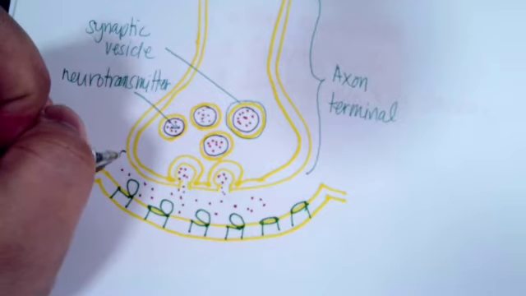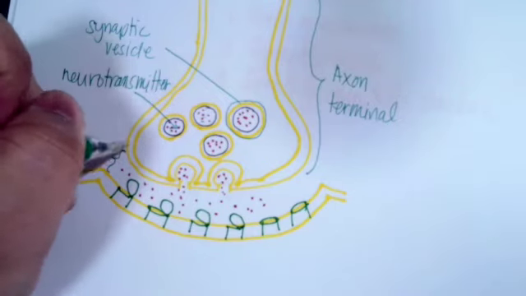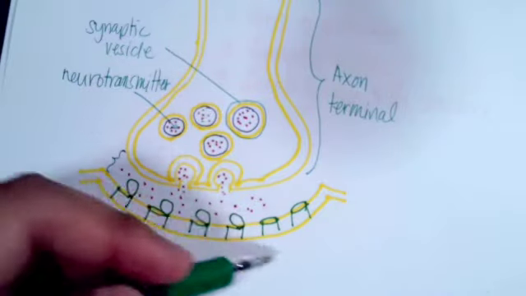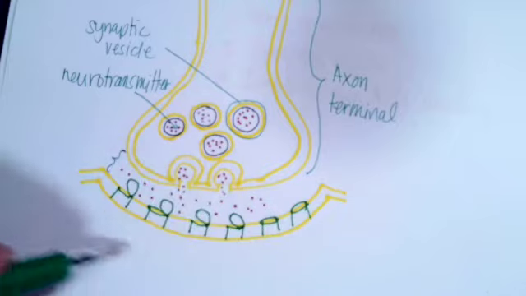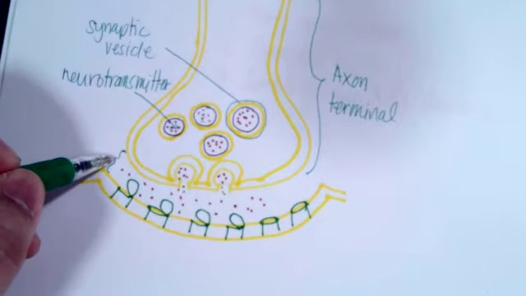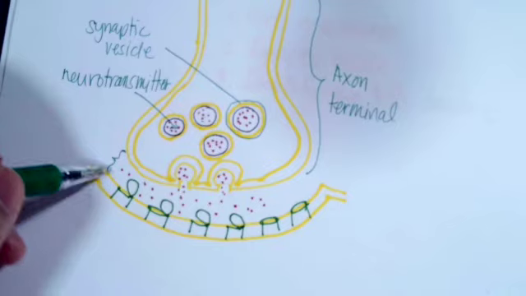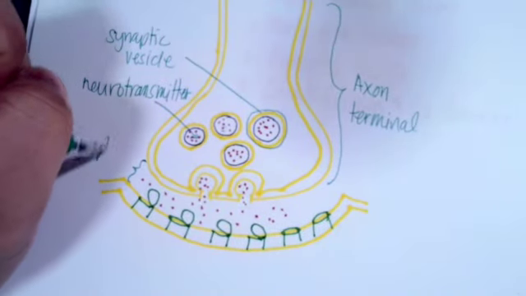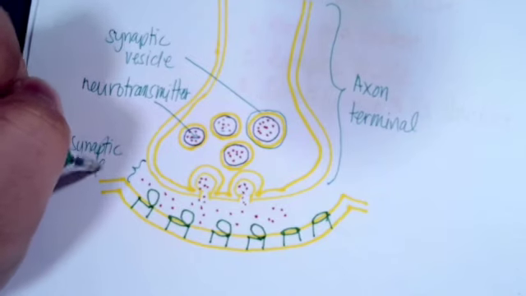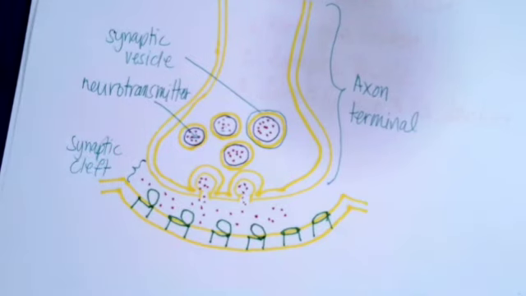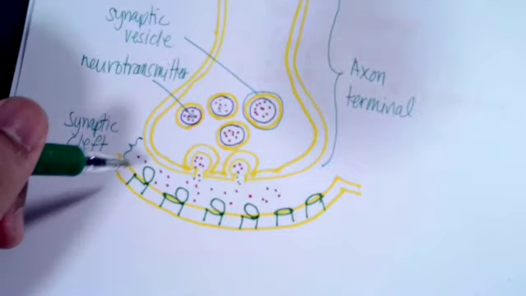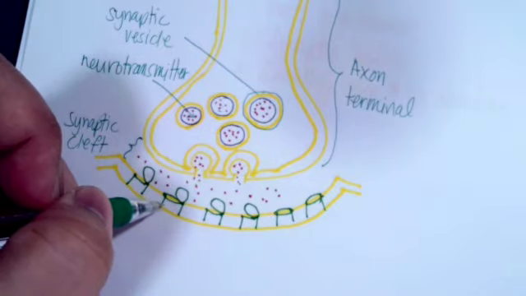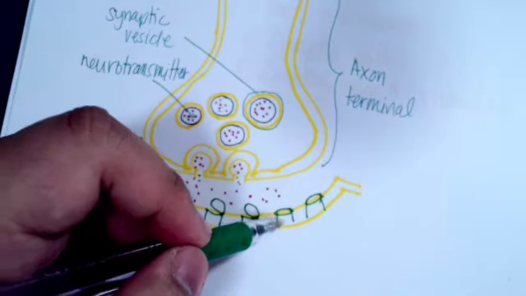This gap over here is what we call the synaptic cleft. Okay, as you can observe over here, it looks like a can, right? There's an open can and a closed can.